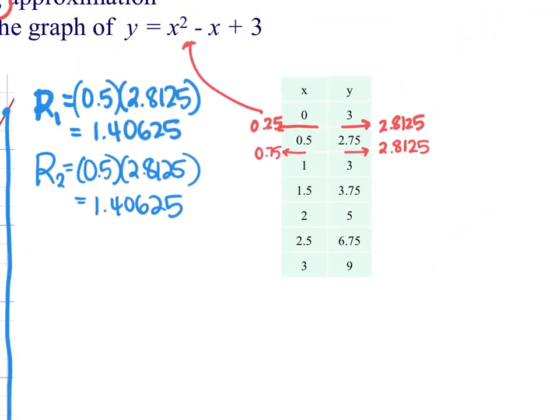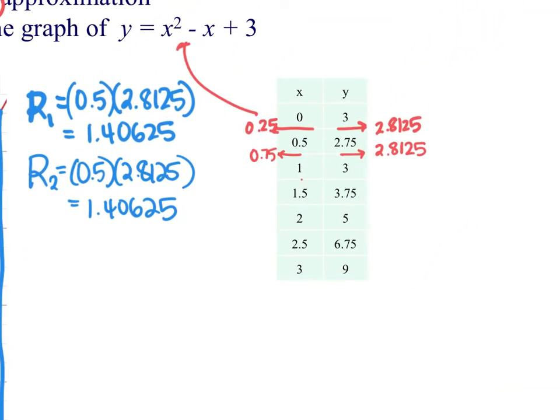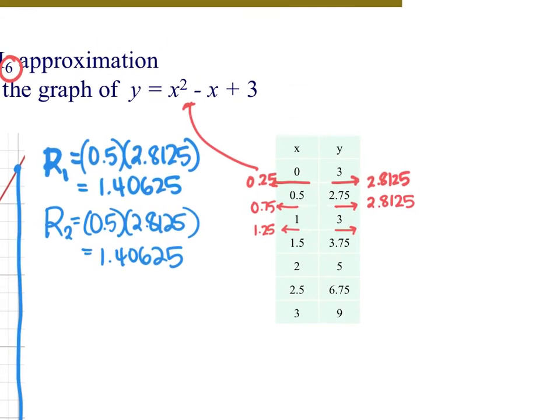And so I'm going to go to my chart and add 1.25 as a data point, and I need to find something that's between 3 and 3.75. So I need to take my 1.25 and plug it into the function, square it, subtract 1.25, and then add 3.